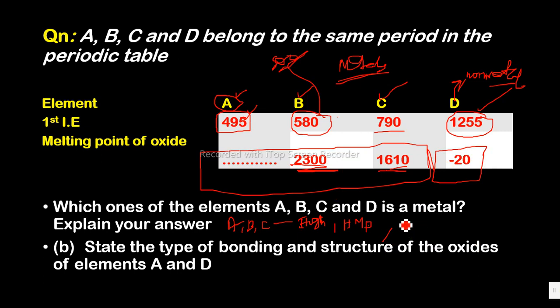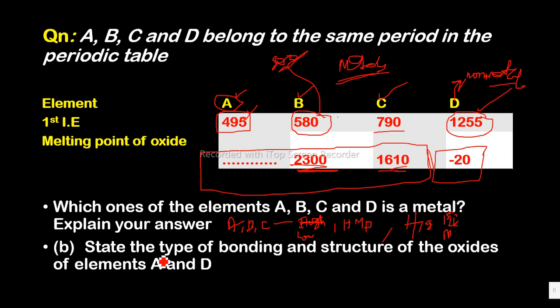They have low first ionization energy, meaning the outermost electron is loosely bound. But D has a very high first ionization energy and a very low melting point, which implies that D is a non-metal.